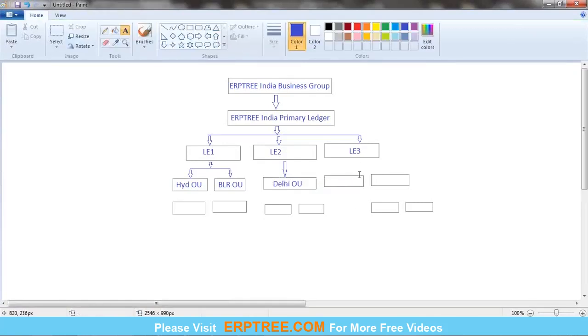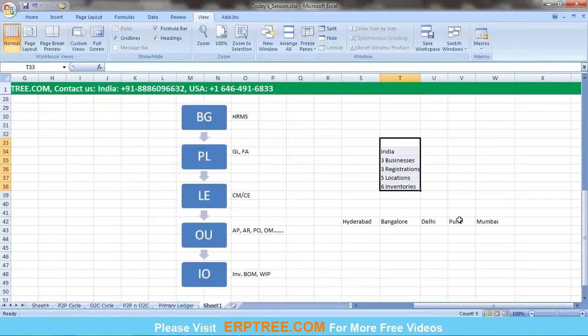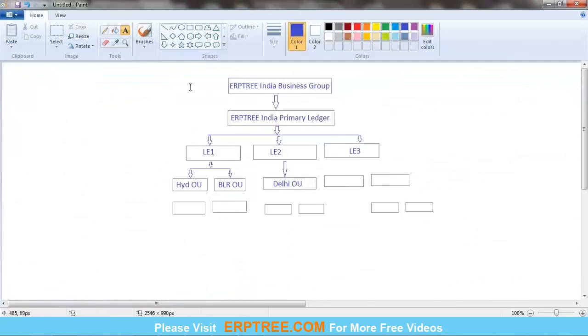And you have LE3. Under LE3, with these registrations, you are running the business in two locations, Pune and Mumbai, so that you can represent here. So under this registration, we got two operating units.